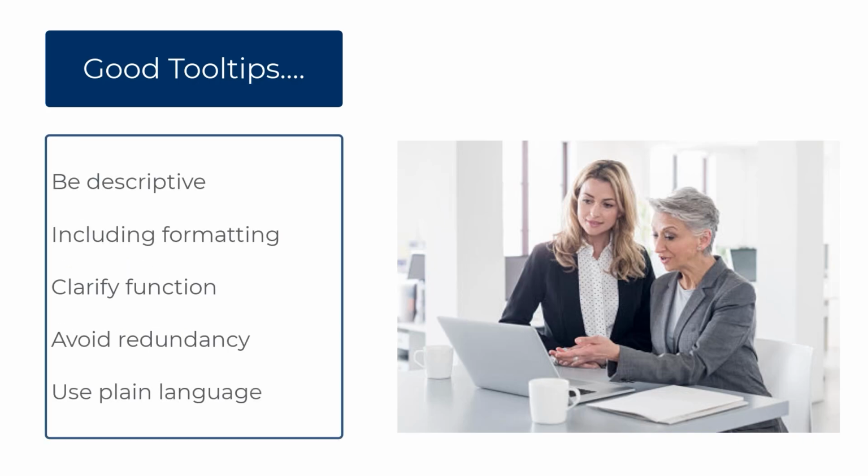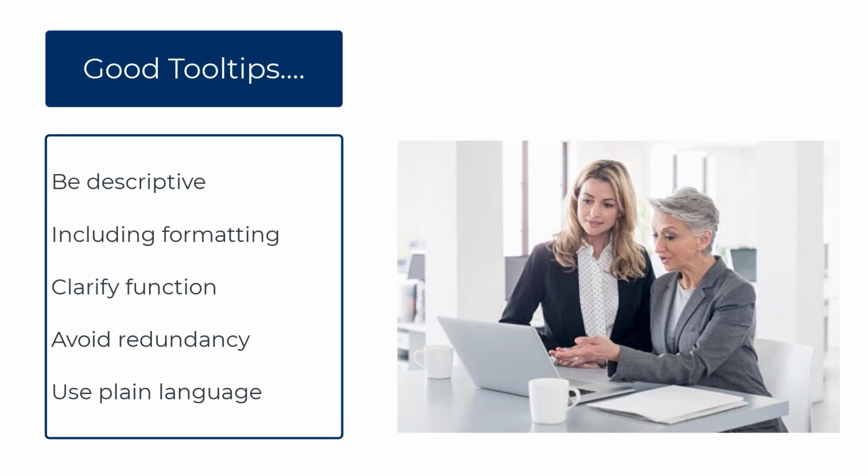Be descriptive, not generic. For example, enter text is too generic, but enter your first name is appropriately descriptive. Include formatting instructions if needed. Enter date is too generic. Instead, write enter date in month, day, year format, which gives users clear instructions.